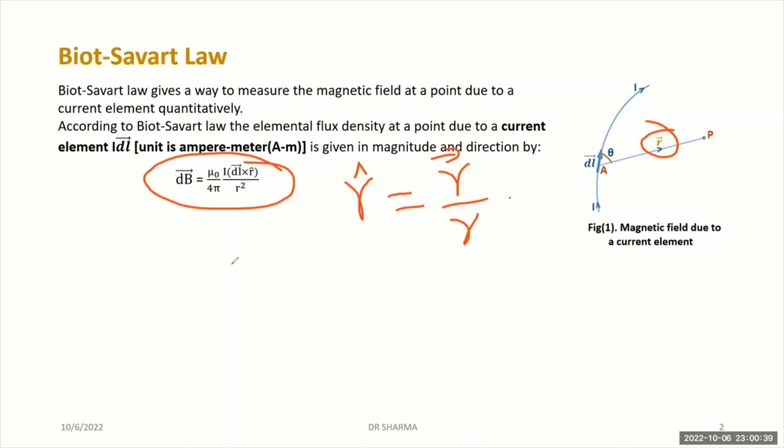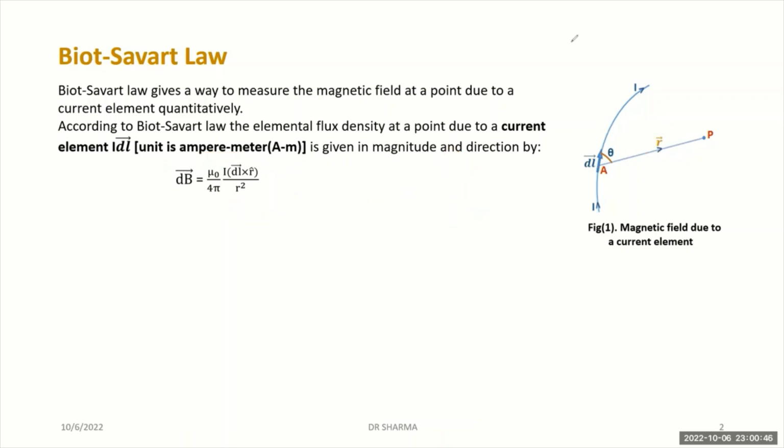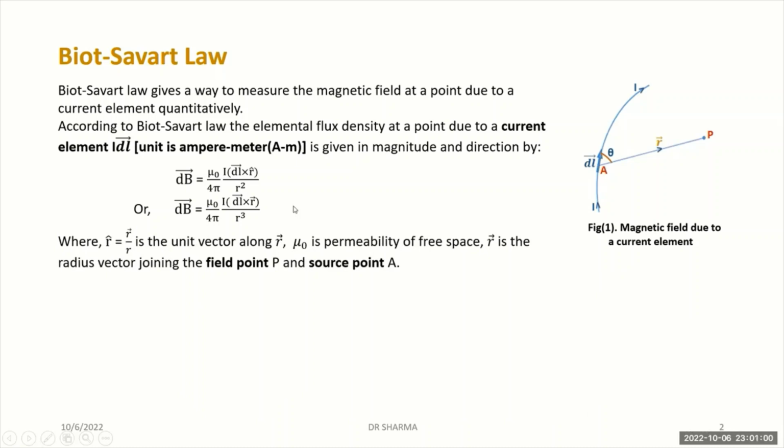So if we substitute this formula, we get this expression in a new form as dB vector is equal to mu naught by 4 pi I dl cross r vector upon r cube. As I said, r cap is the unit vector along vector r.